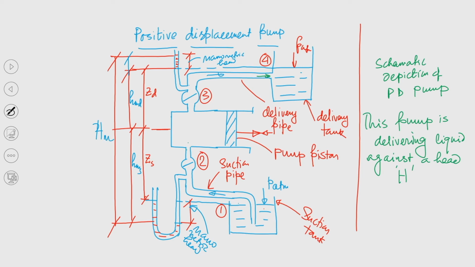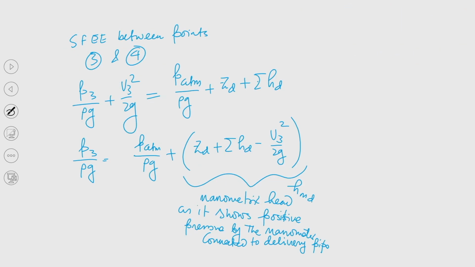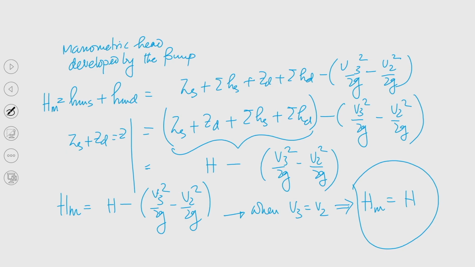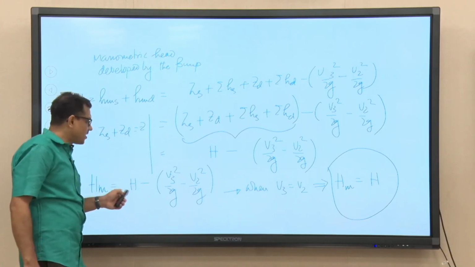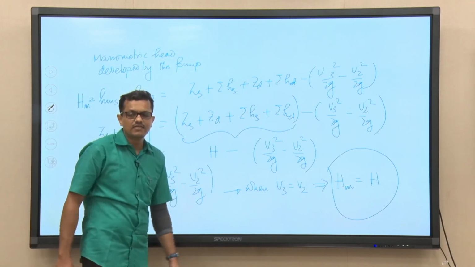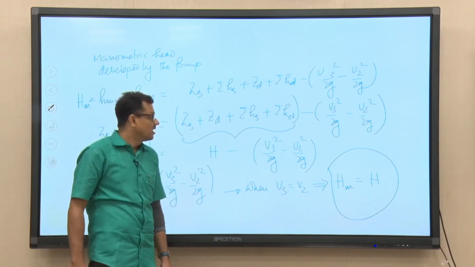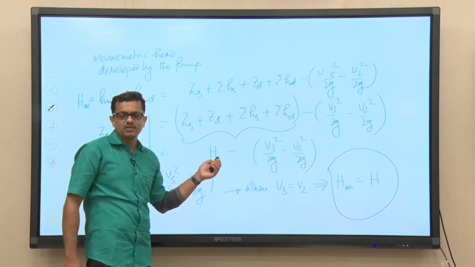Okay. So, this is very important. Now, we have developed that the manometric head developed by the pump will be equal to the head when the velocity in both the suction and delivery lines is equal. Now, the question is, then why did we do this analysis?